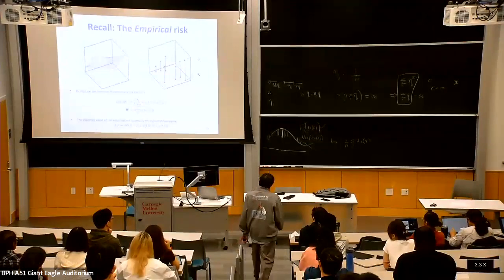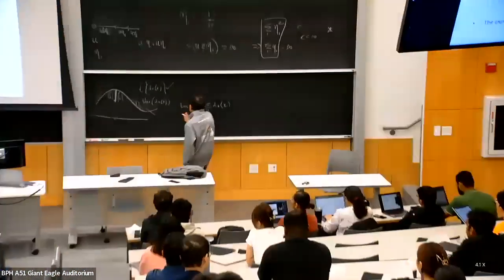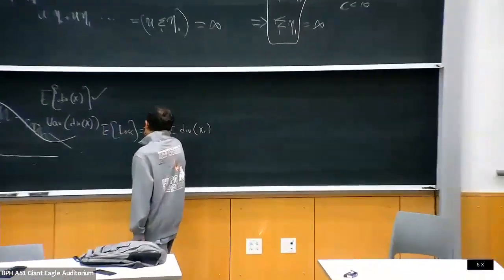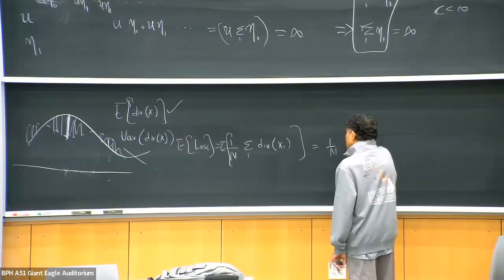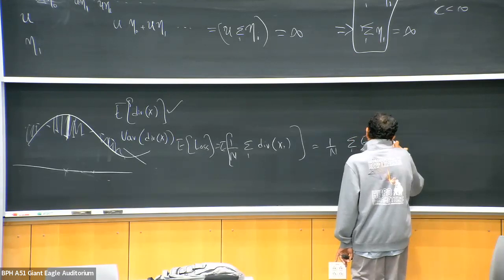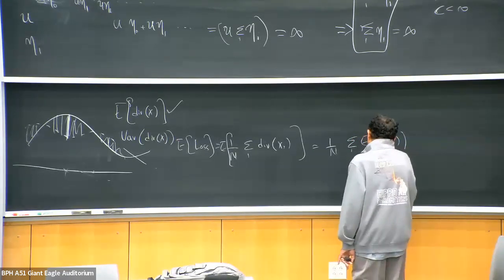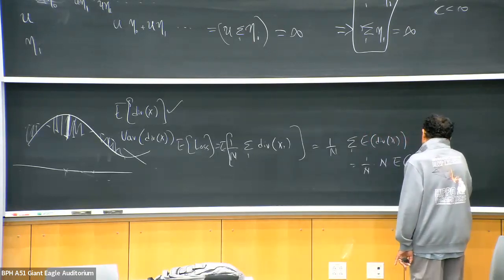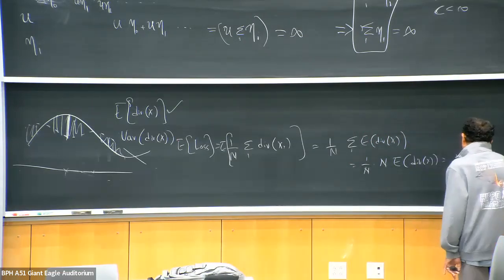So that is like saying I'm going to be taking the expectation of the loss, right? So this is the expectation of the loss. It's going to be the expectation of this guy, which is 1 over n times the expectation of divergence of x, which is the expectation of the divergence of x.